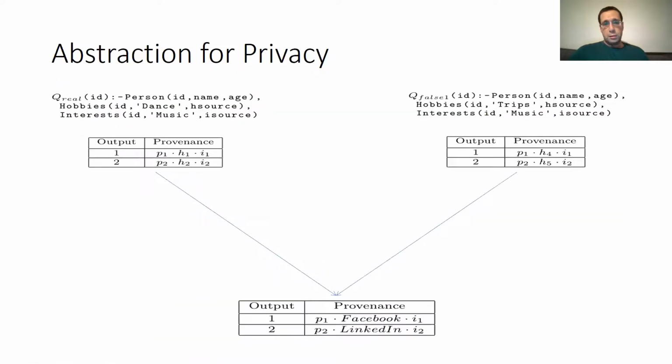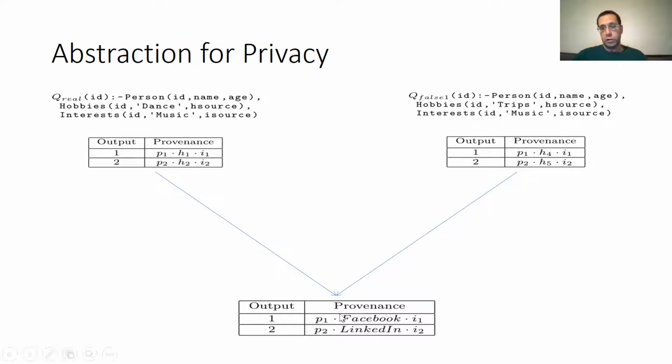So then this defines a notion of abstraction. An abstraction is simply replacing an annotation such as H1 with an ancestor in the tree, such as Facebook. Obviously, when we do that, we have obfuscated the original provenance, so we lost some information.